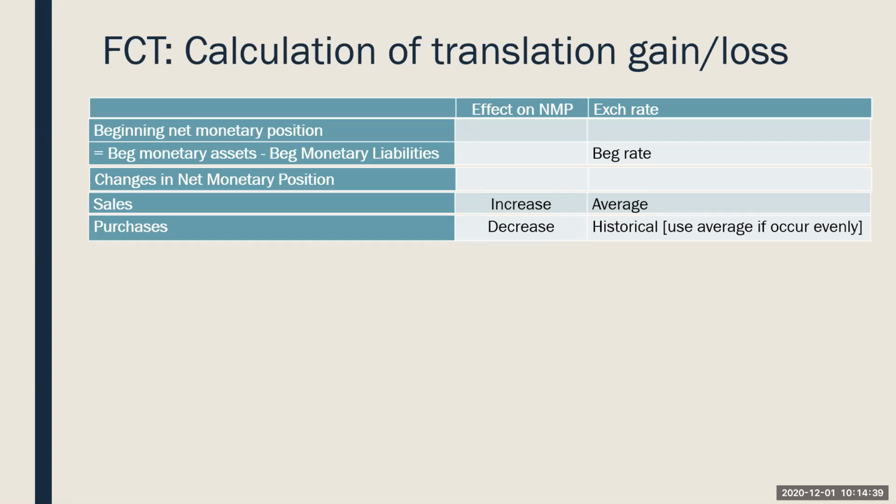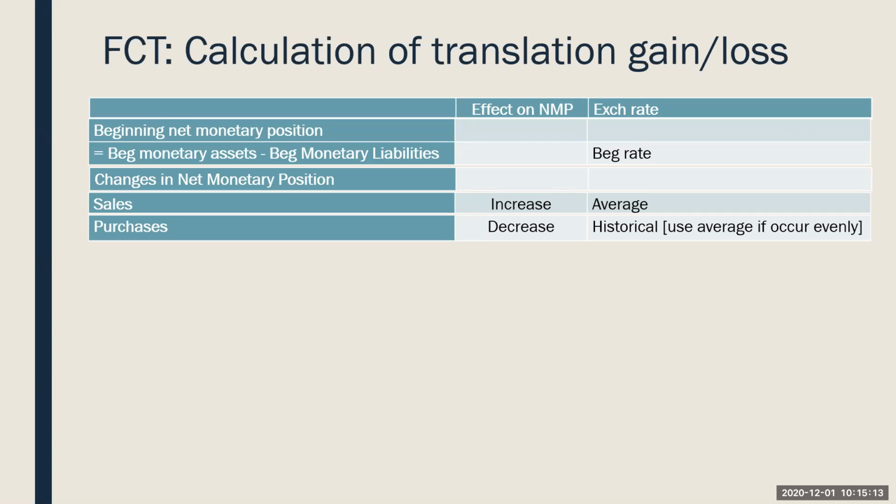Purchases of inventory will decrease our net monetary position. Again, here we can use the average rate if inventory purchases occur evenly throughout the year. Sometimes in problems, you may be given specific purchase dates for when inventory purchases occurred. In that case, we would need to use historical rates. It's the same issue with sales. We would prefer to use historical rates.